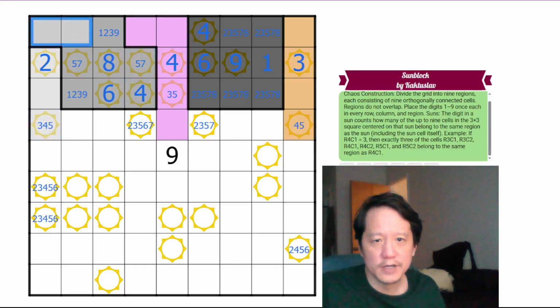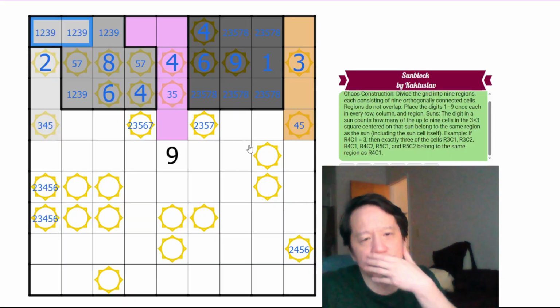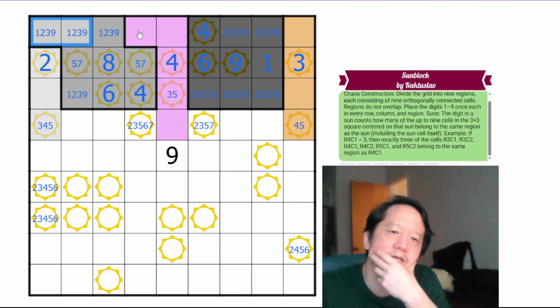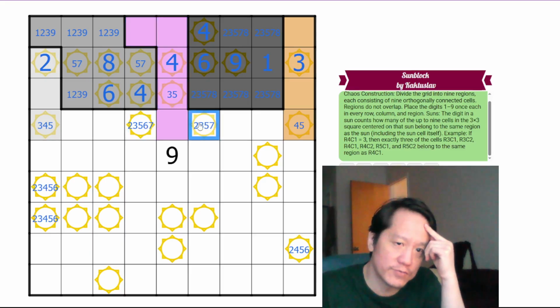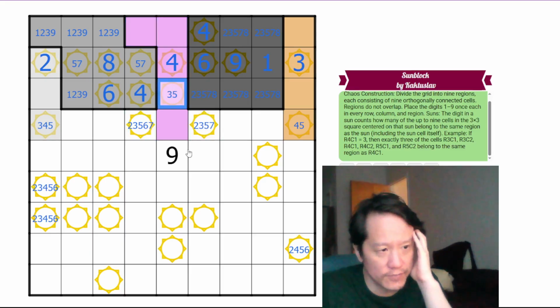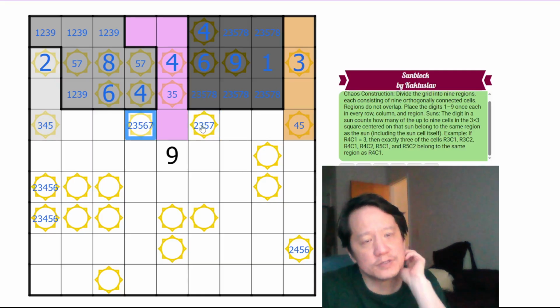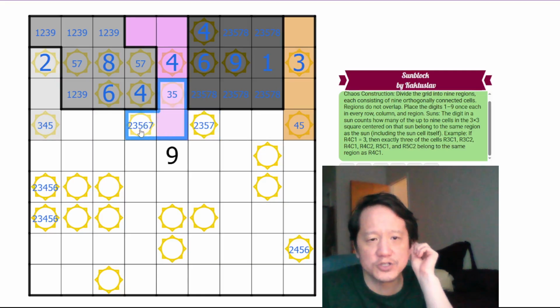1, 2, 3, 9 here. If this is 4, then this doesn't work anymore, so this cannot be 5. Because obviously that would be 3, and this could no longer be 6, and then it doesn't match 2.